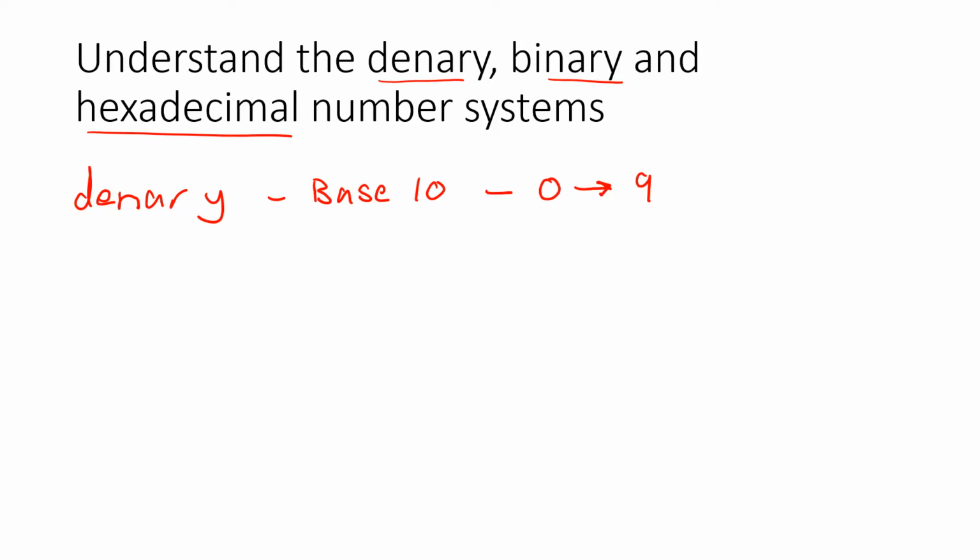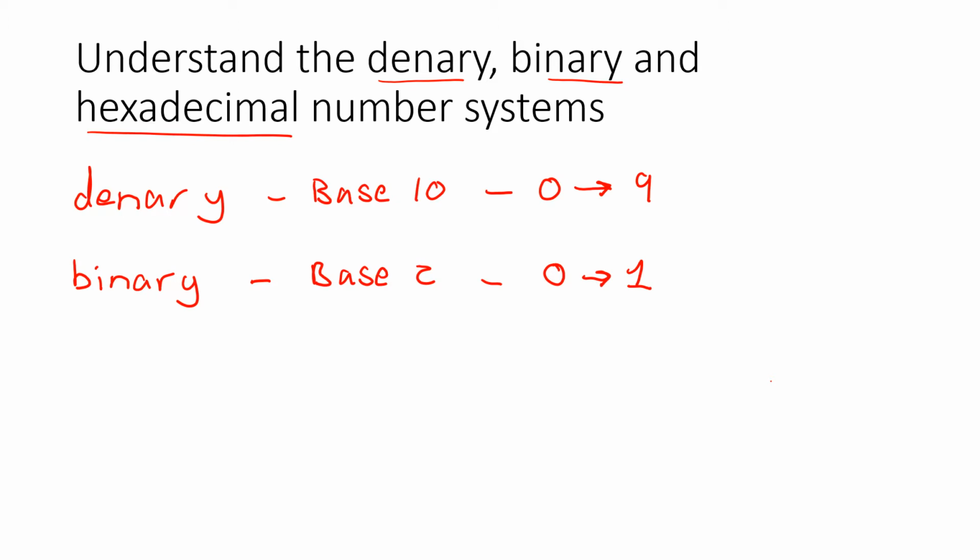This is the normal number system that humans use, that you use in maths, that you use to count with. Then we have binary, which is a base 2 number system, and that is because we can use numbers 0 and 1. Remember the switch is switching on and off, 0 and 1.